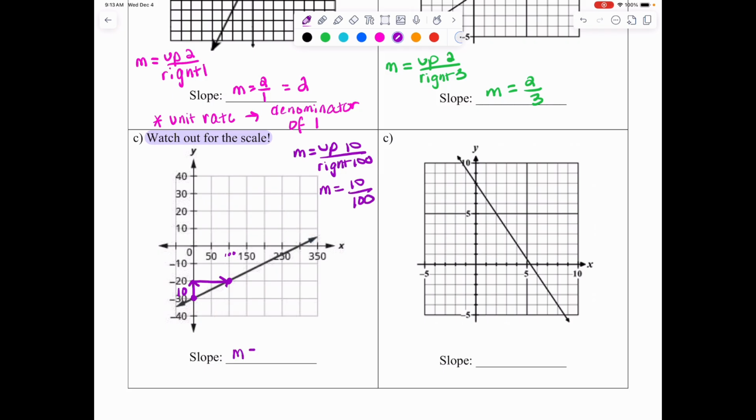Now I can write it like that. But if you recognize it, and we'll talk more about this in our next lesson, we can simplify this. 10 over 100 is the same as 1/10. And again, we will talk more about that in the next lesson. Now, I wanted to do this last one, part D.